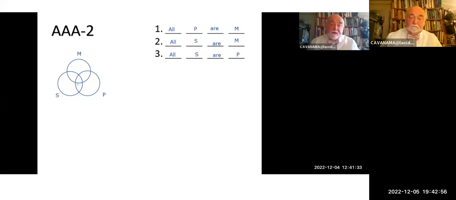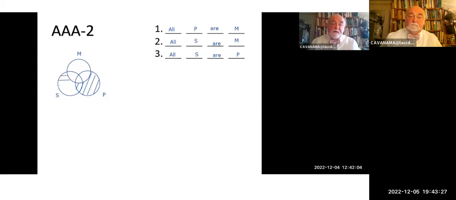So that bit of the P circle which is not an M gets shaded to indicate the emptiness of the P bit outside of the M bit. That's sort of the overlap between them. Now, our minor premise, all S are M, is if anything is an S, it's also an M. Therefore, those bits of S outside the M circle are going to have to be empty.